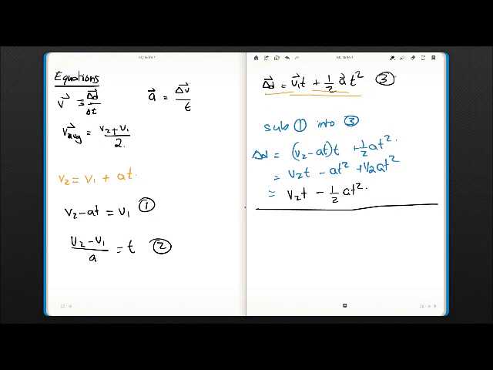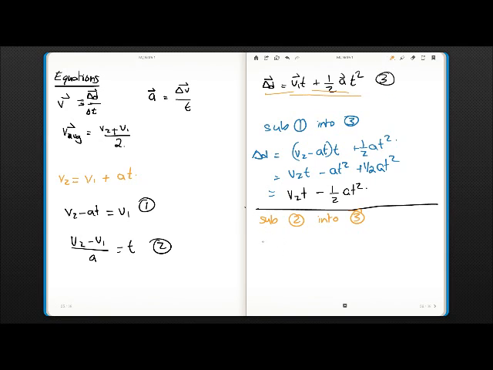For the other equation, I'm going to first change the color, and I'm going to sub the second equation into 3. So this equation will be something like this.